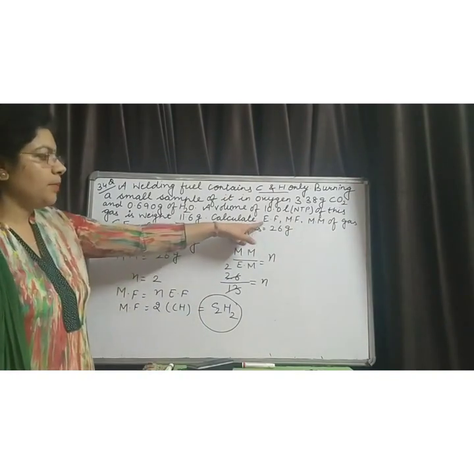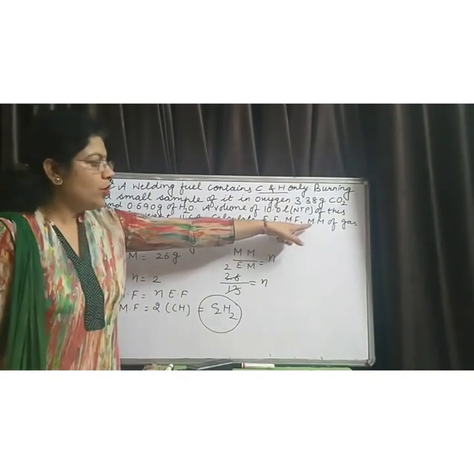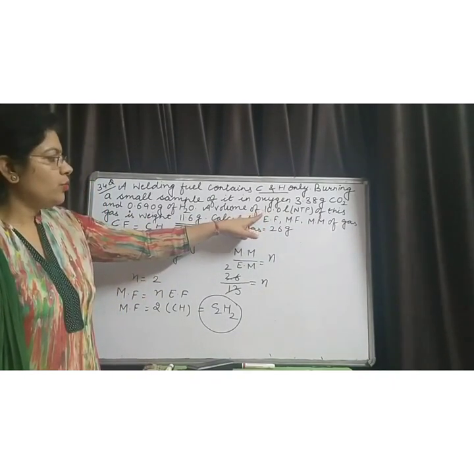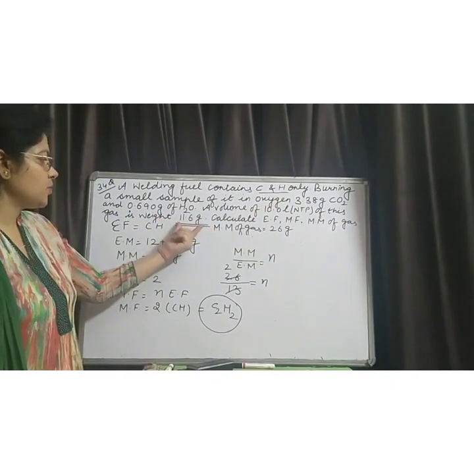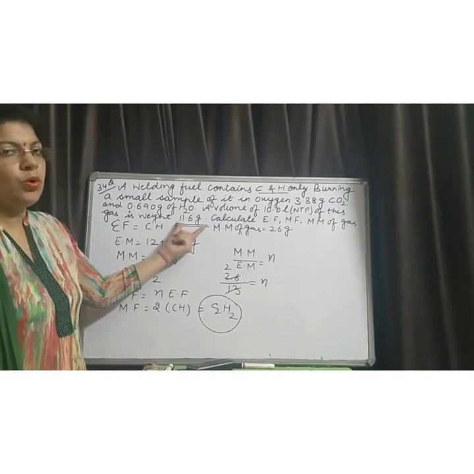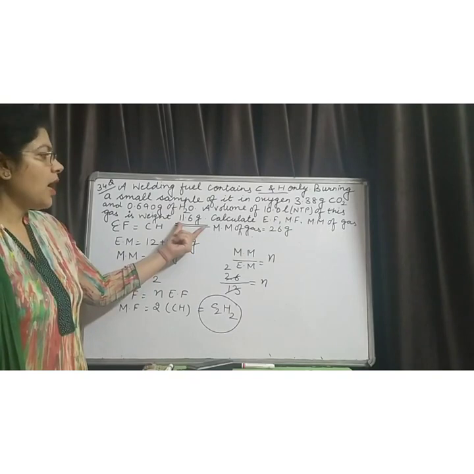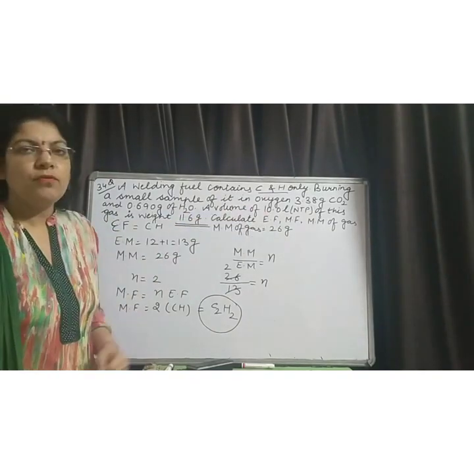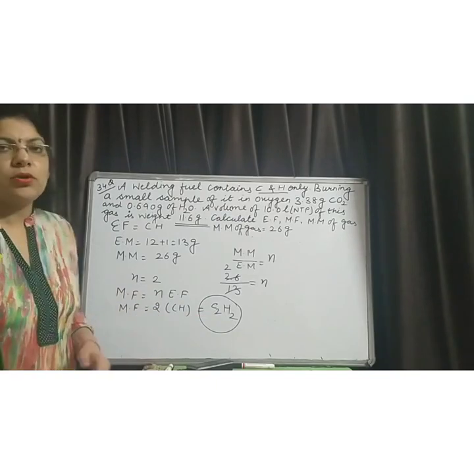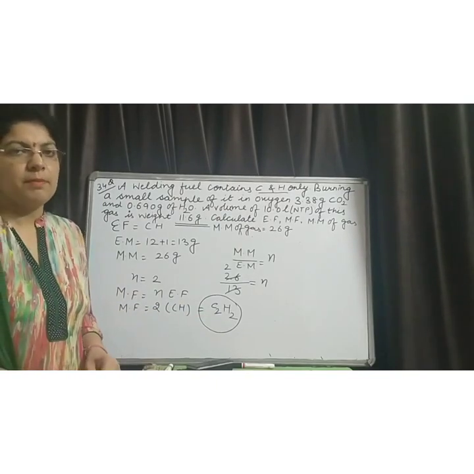Next you have to find the empirical formula. For molecular mass or molar mass, it is given to you that 10 liter of this gas has mass 11.6 grams. So for 1 mole you have to find the mass of 22.4 liter and at last you have to find the molecular formula of the compound.